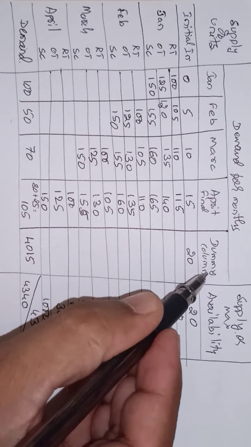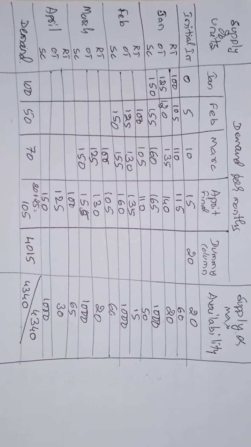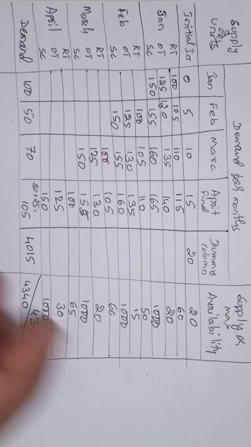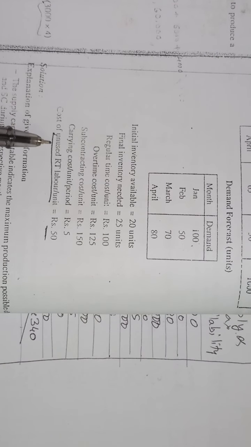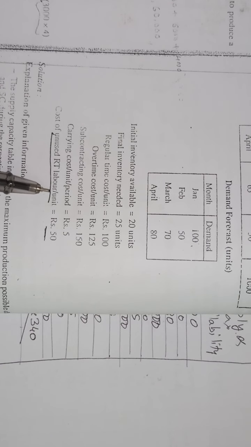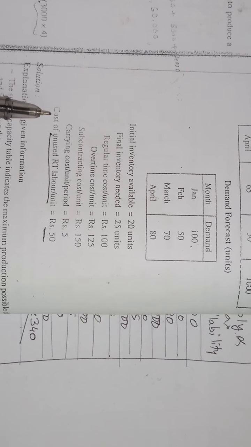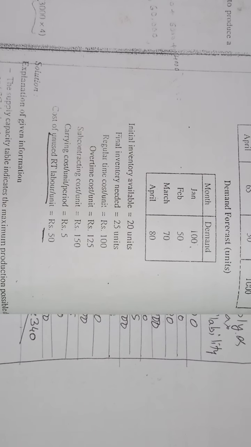The previous tabular column is the same, and as already told, the dummy column is going to have a cost of 0, right? But in this case, the problem statement gives the cost of unused regular time labor per unit, which will be 50.